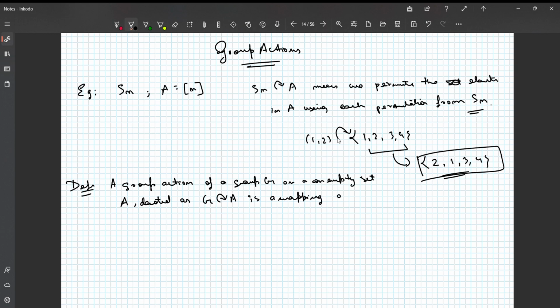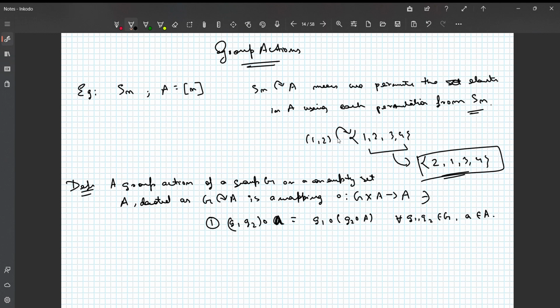We denote this mapping as ∘, or you can think of it as the composition symbol, from G cross A to A, such that the following properties hold. So what are the properties? The first property is that (g1 g2) ∘ a is the same as g1 ∘ (g2 ∘ a), for all g1, g2 in G and small a in capital A.